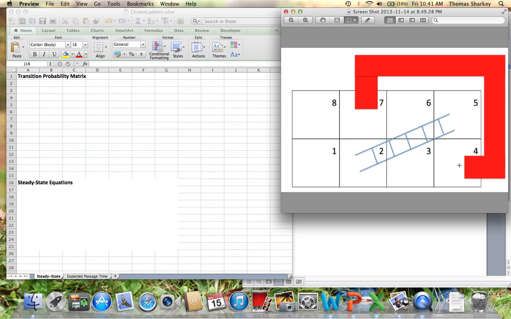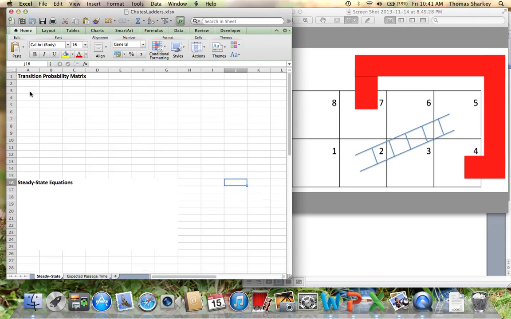So the first thing to get going is our state definition. We're just going to spell out the states rather than go into the mathematical 0 up to m notation. So over in Excel, I'm going to start writing down what states we have in the Markov chain model of the Chutes and Ladders game.